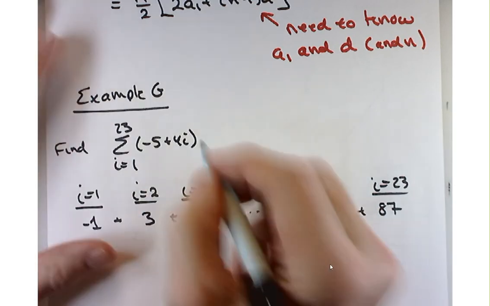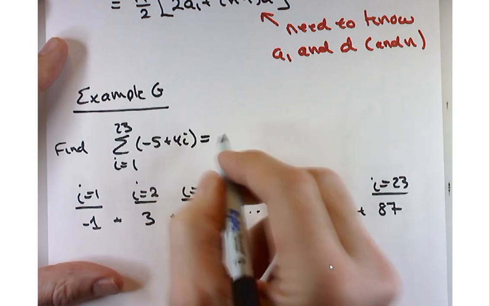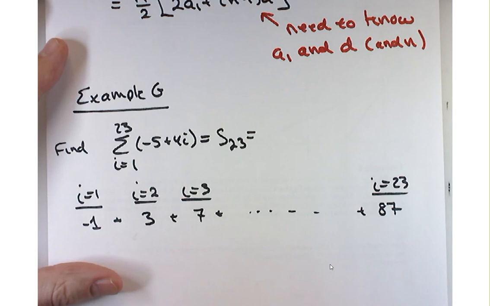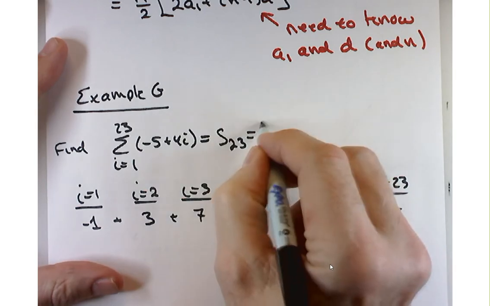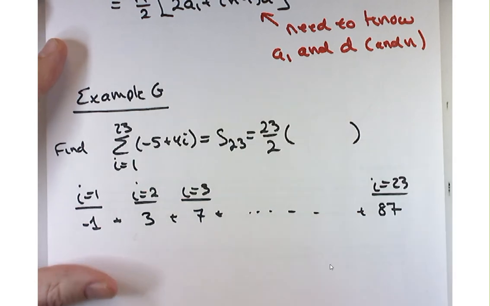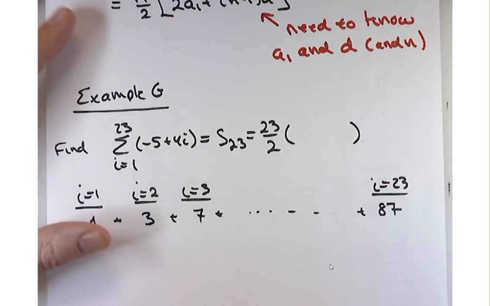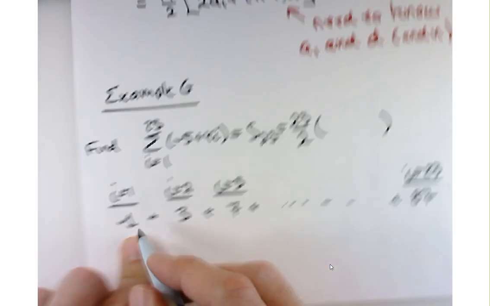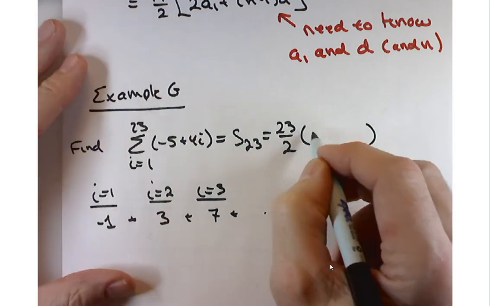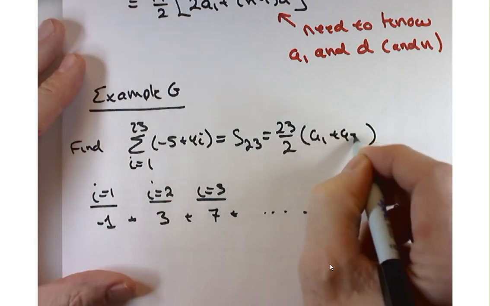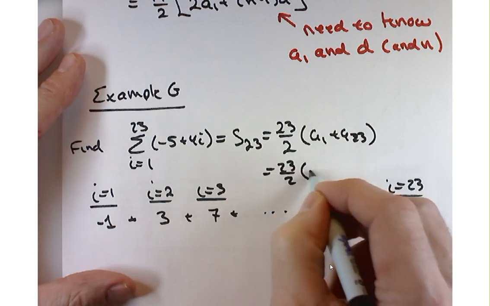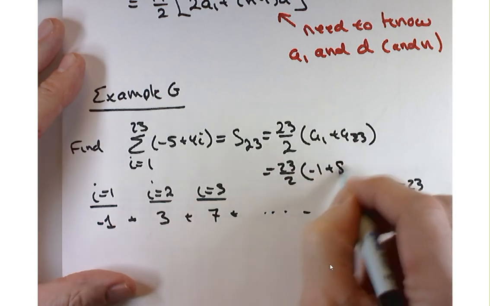So if I want the sum of the first 23 terms here, I'd call that S sub 23. And I could calculate that as 23 over 2 times a sub 1 plus a sub 23, which in our case is 23 over 2 times negative 1 plus 87.